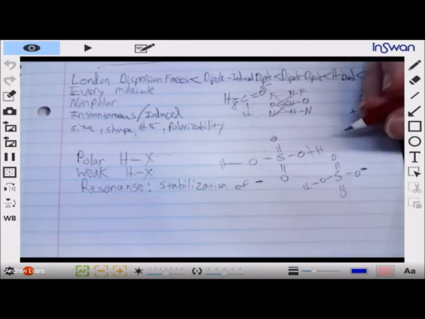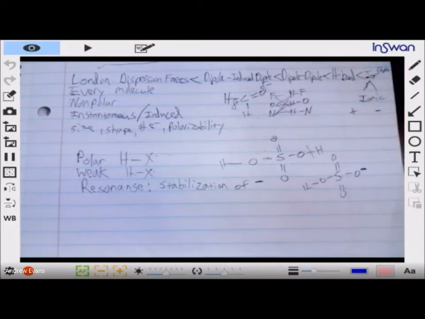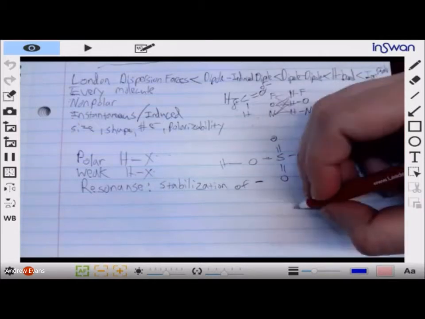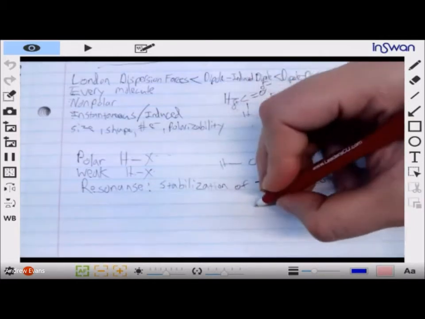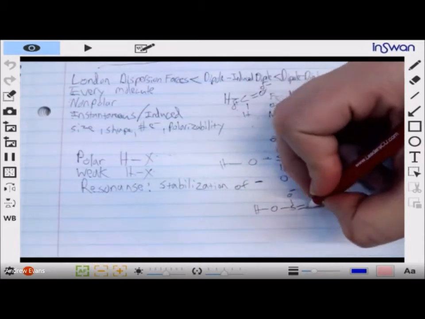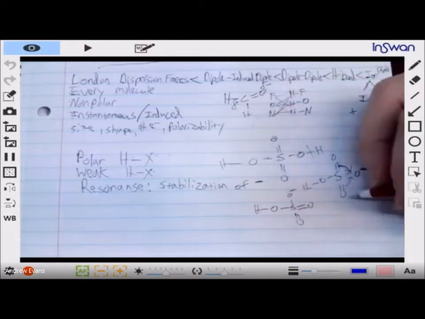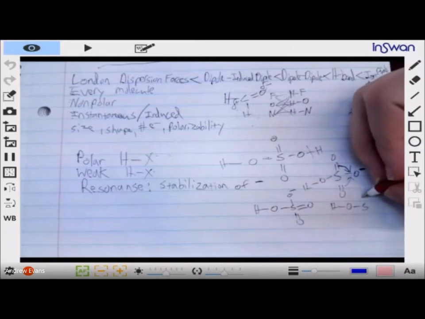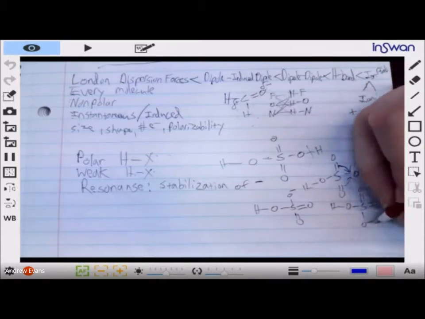Now, by itself, that's maybe not the best thing, but the fact that this double bond can shift down to here, or that double bond can shift down to there, means we can draw several other resonance structures. That helps spread the charge around, so suddenly it is not as destabilized. And this is what makes this guy a strong acid as opposed to a weak acid.